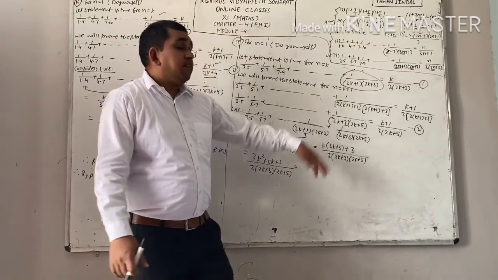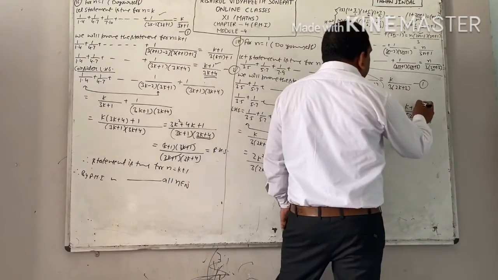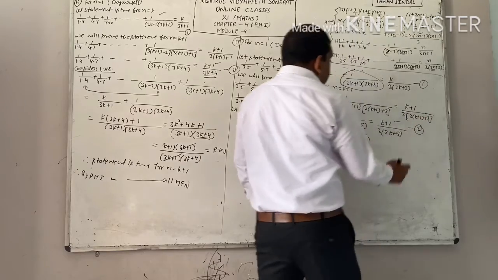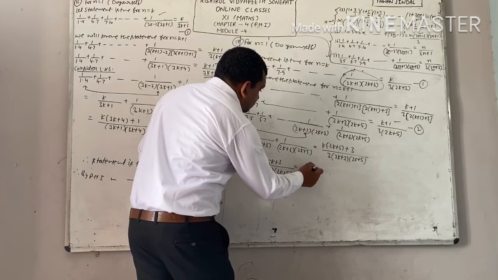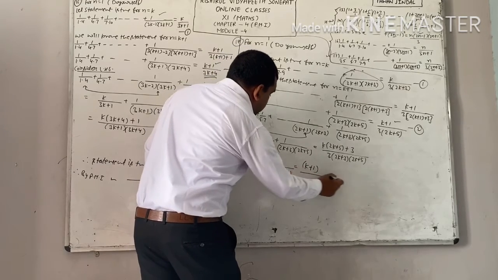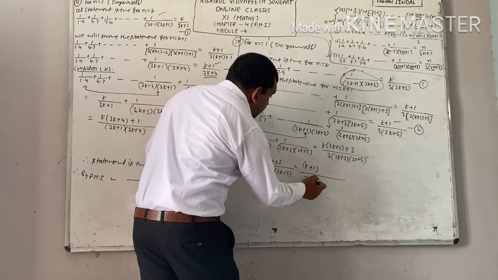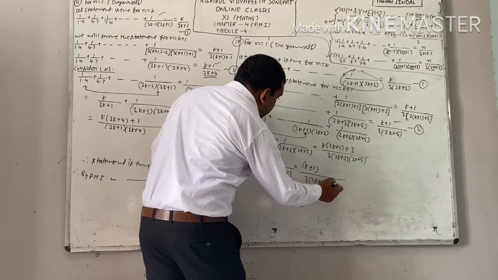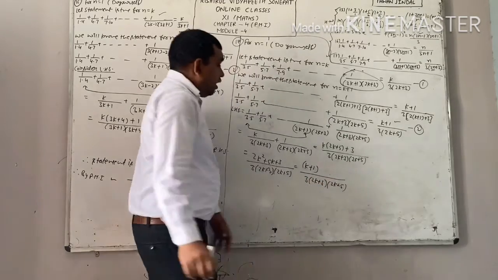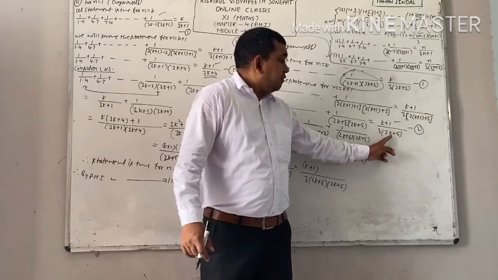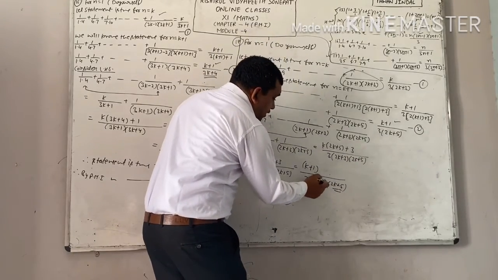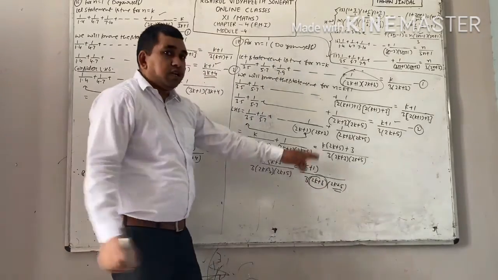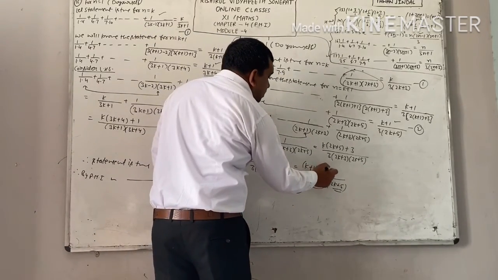First, which we require in our answer, I require one factor, that is your k plus 1. I will write down k plus 1. Now second factor will be which I don't require in my answer. In denominator, I require 2k plus 5, means I require this factor, but I don't require this one. So another factor will be 2k plus 3.